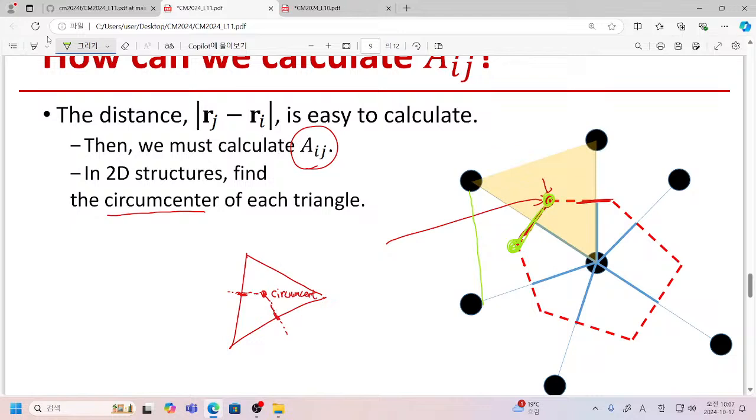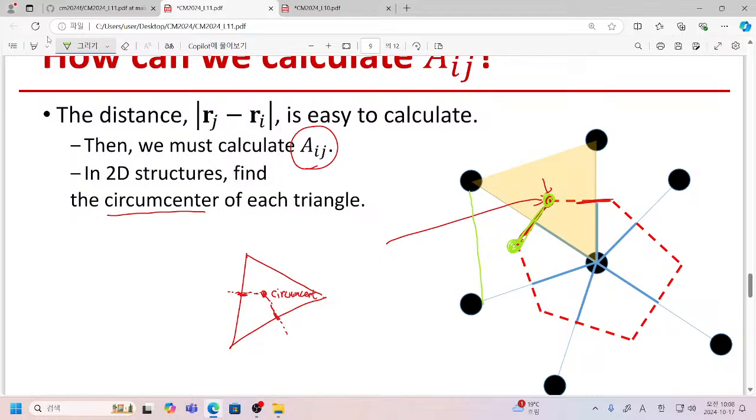Well, then how can we do it for the 3D case? Of course this concept is still valid. Even though we have a tetrahedron, those points will still be circumcenters. However, calculation of those points, the corners of our polyhedron, is more difficult, so this is beyond our capability in this class.